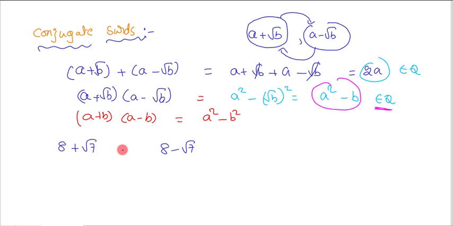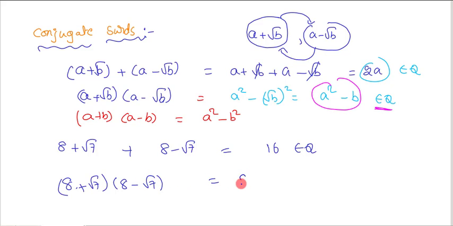If you add these two conjugate surds, we get 16, which is again a rational number. And if you take the product of 8 plus root 7 into 8 minus root 7, you get 8 square minus root 7 the whole square, which is 64 minus 7, that is 57.